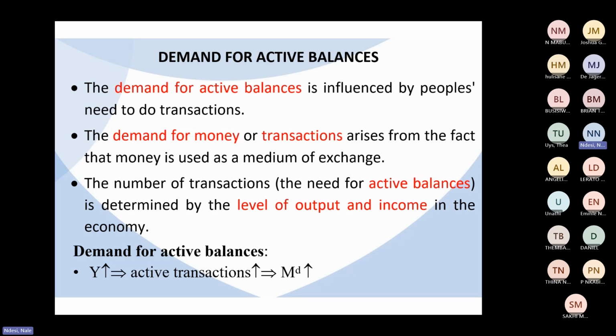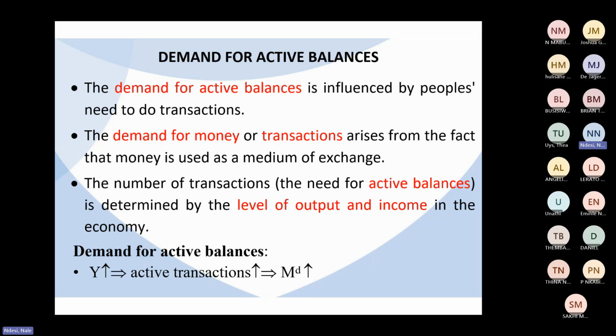So the number of transactions, which is the need for active balances, is determined by the level of output and income in the economy. So the higher the level of output and income in the economy, the more transactions there will be. As the level of output increases, the income of households will also increase, and they will want to do more transactions.